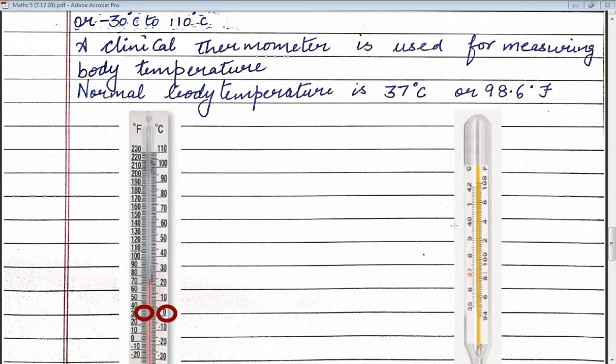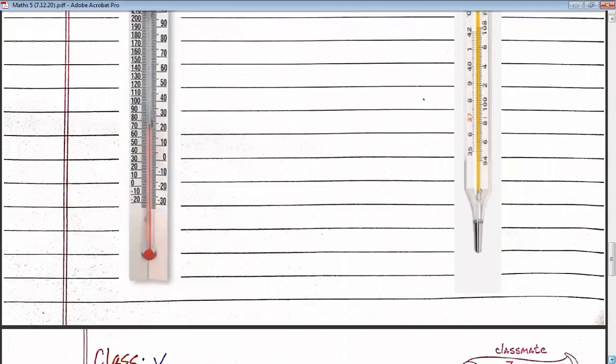If you check your thermometer, 0 degrees Celsius is equal to 32 degrees Fahrenheit.